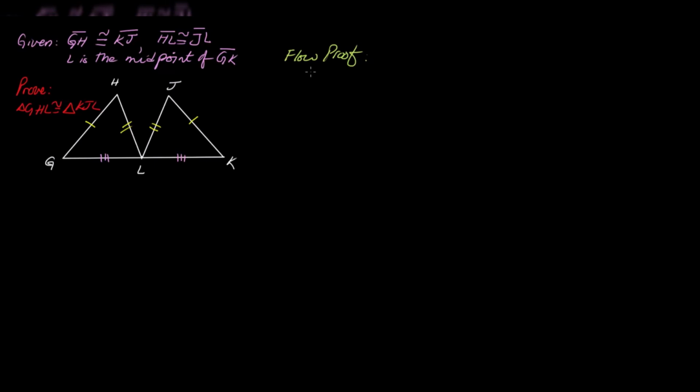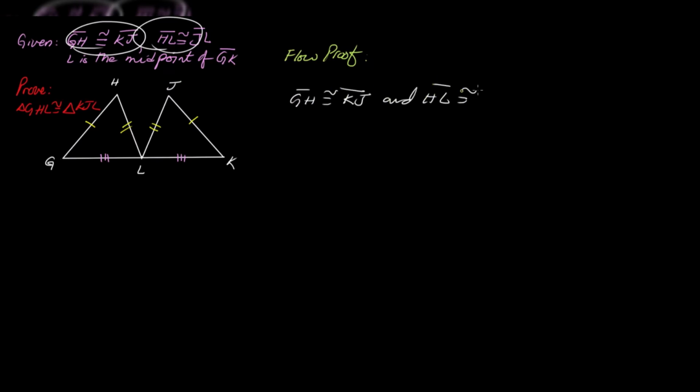You would have the given information. So say GH is congruent to KJ, like this, and HL is congruent to JL.